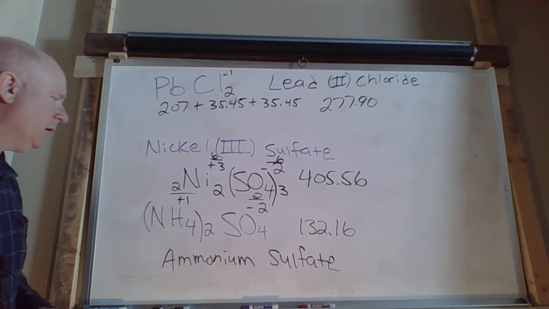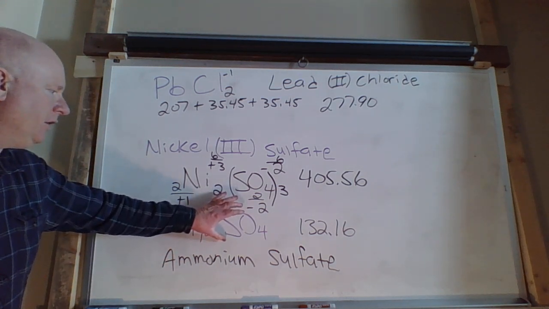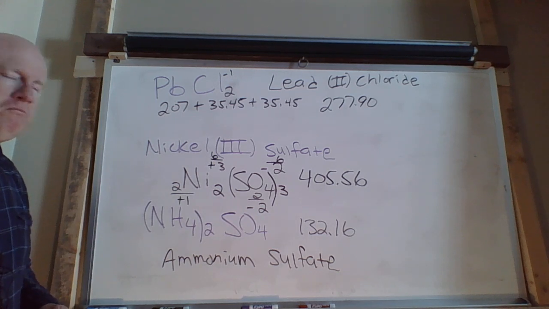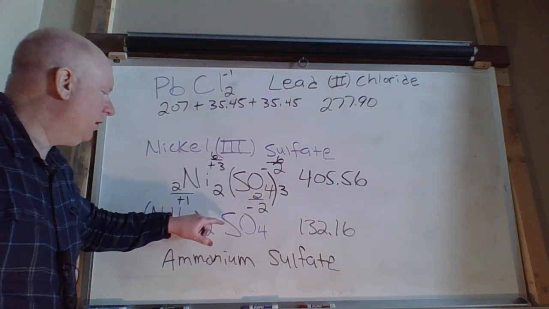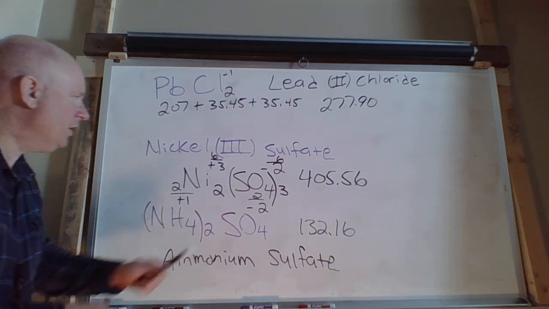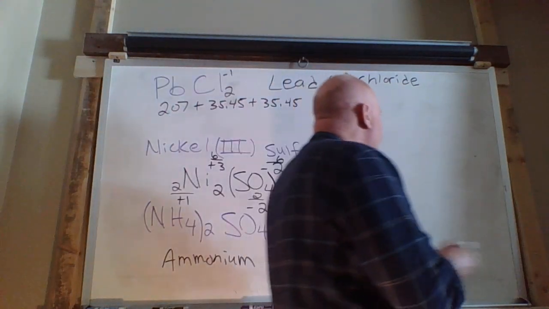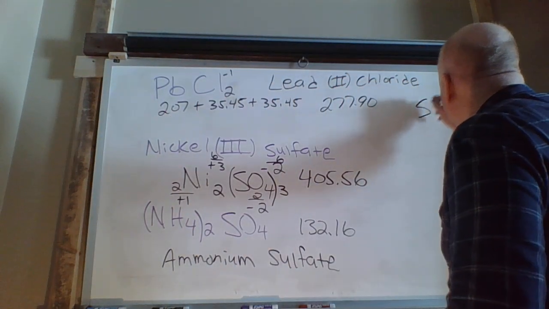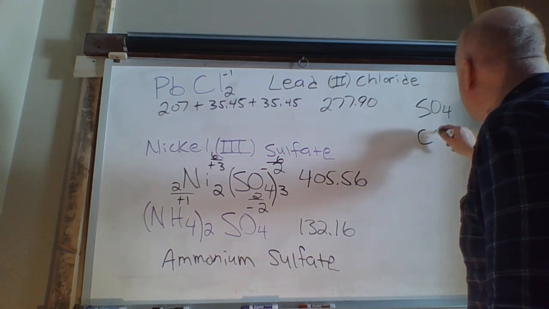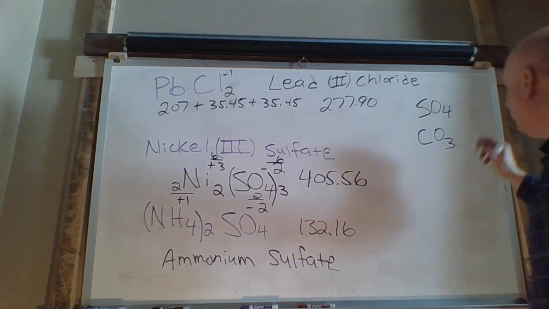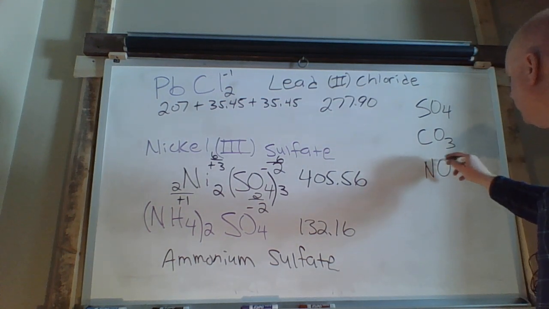And then when it comes to, do you get to have these polyatomic ions? Well, no, because if you have sulfate written out in another compound, you have SO4. We know what the formula is for sulfate, because sulfate has sulfur in it. We did carbonate earlier, so it's got to have carbon in it. And if it's nitrate, that's going to have nitrogen in it.